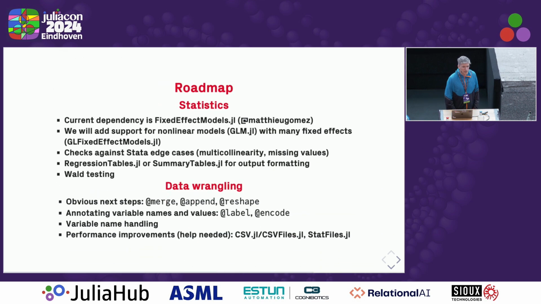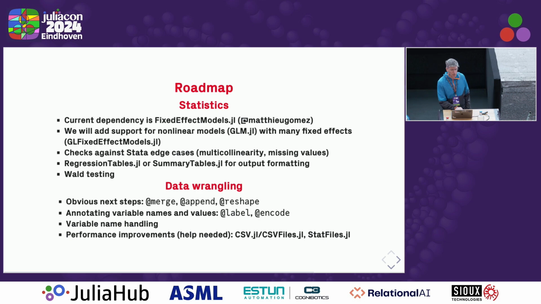So in terms of statistics, we'd like to add a lot of functionalities in terms of fixed effect models, whether it's linear or nonlinear. These are very popular in economics. We use these type of models everywhere. And then there are often some edge cases in how you treat these fixed effects, but we're gonna be working on that.